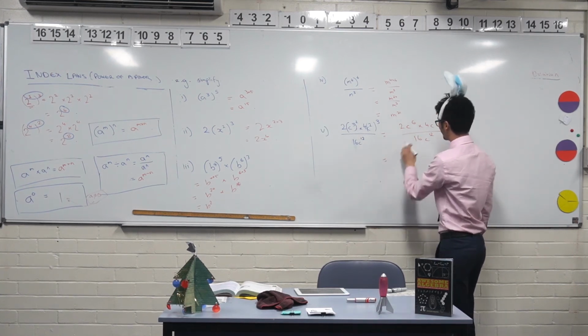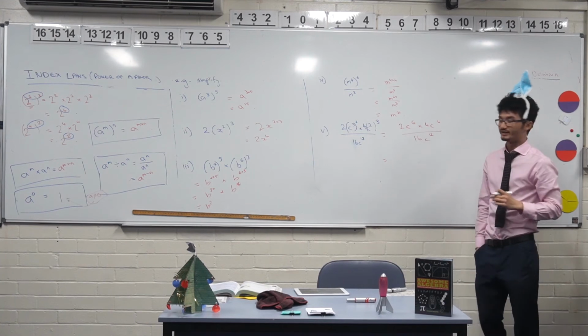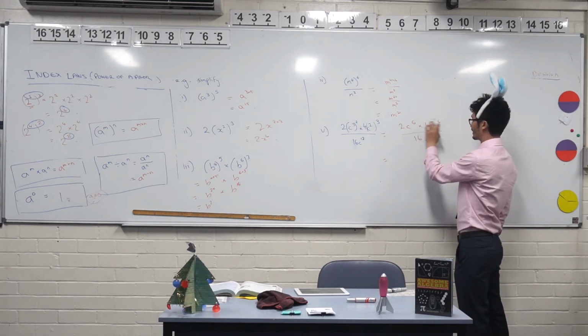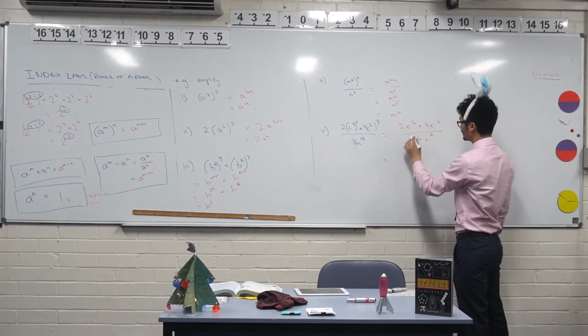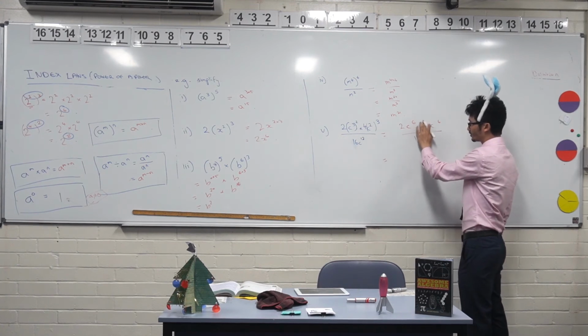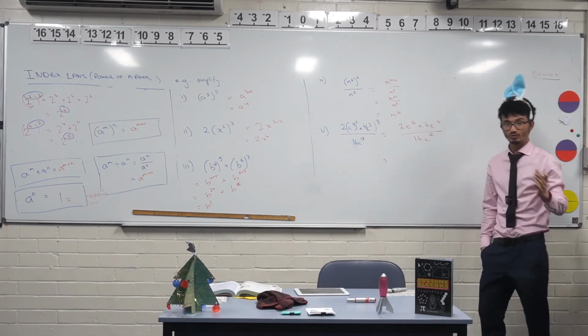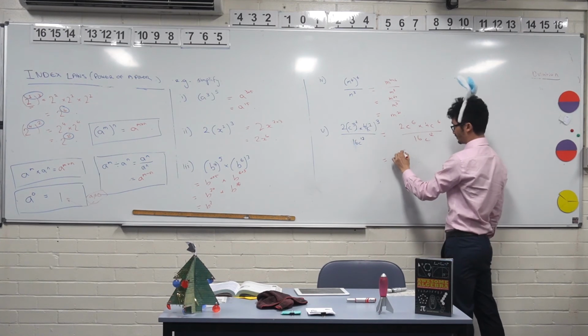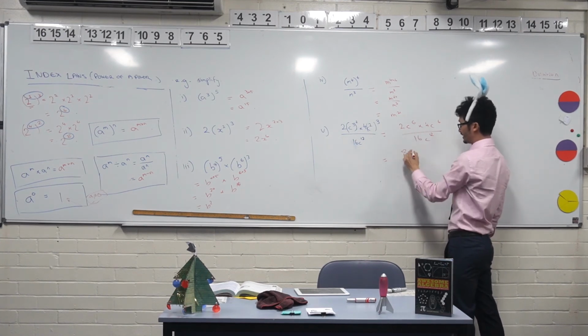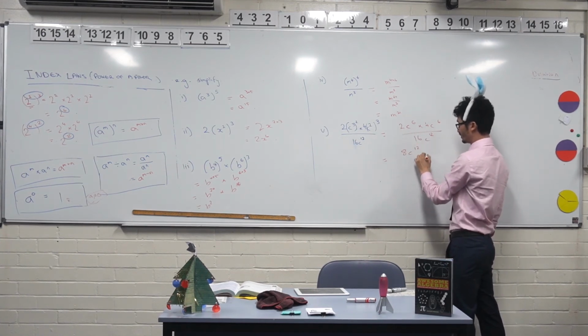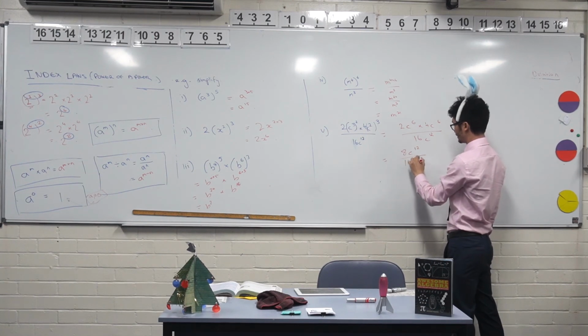Now, what happens when you have two indices with the same base? Well, what I can do is add these powers together, but remember, it's still a multiplication symbol. So I'm actually going to be multiplying the coefficients first. So I've got 2 times 4, which is 8, c to the power 12 over 16c to the power 12.